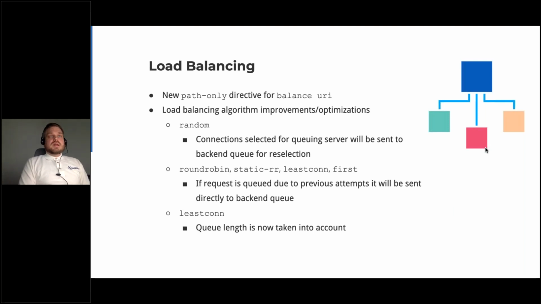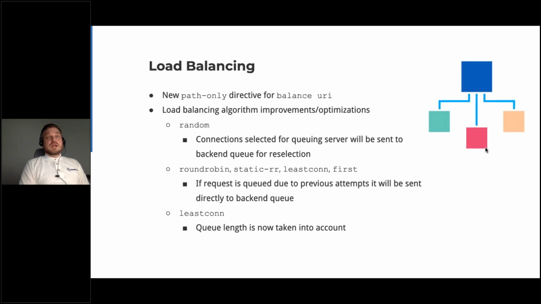Some various load balancing improvements have been made for several of the algorithms. First, we'll start with the top, where some inconsistencies were reported when using the balance uri directive between requests received on HTTP/1 and the same ones being received on HTTP/2. This is because HTTP/1 puts the domain information in the host header, but it keeps the URI path within the request line, and HTTP/2 puts everything in the headers.